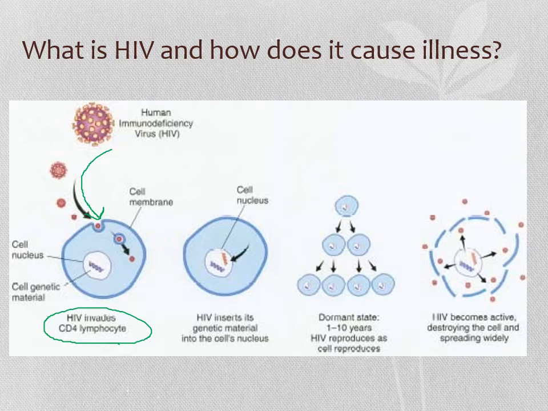It is then going to enter the cell, and then its genetic material is going to insert itself into your cell nucleus with your own genetic material. And then every time that cell reproduces itself, it's going to also reproduce the virus's genetic material along with it. So one infected cell becomes 2 infected cells, becomes 4, then 8, then 16, then 32, then 64, and so on and so on. Super sneaky, right?